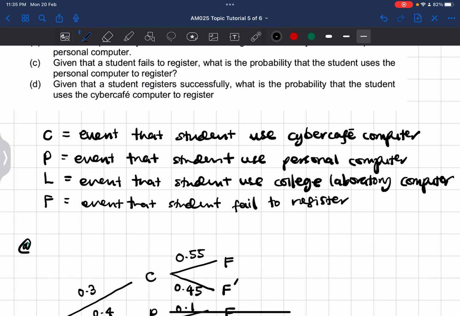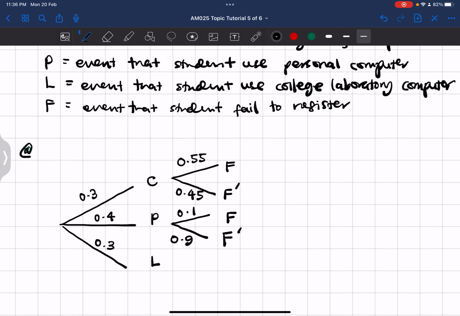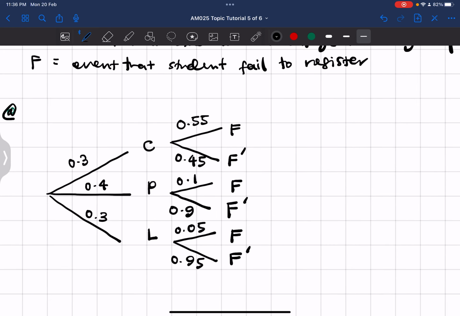And for the last one, results show that 95% of the students who used the college computer laboratory register successfully. So registering successfully, which represents F prime, the probability is 0.95. To complete this branch, 1 minus 0.95 is 0.05. So this is the tree diagram.